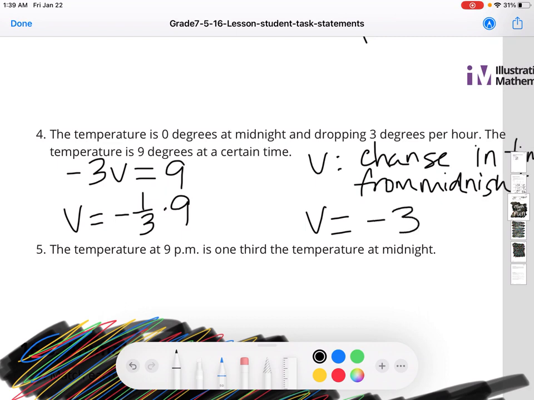V would equal -3, which tells me that my temperature was changing at -3 degrees per hour, which means that temperature dropped 3 degrees per hour. And it took 3 hours to change to 9 degrees.